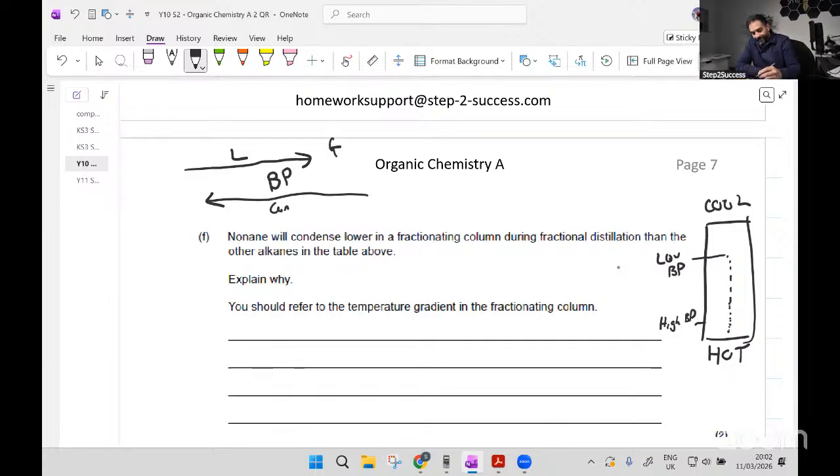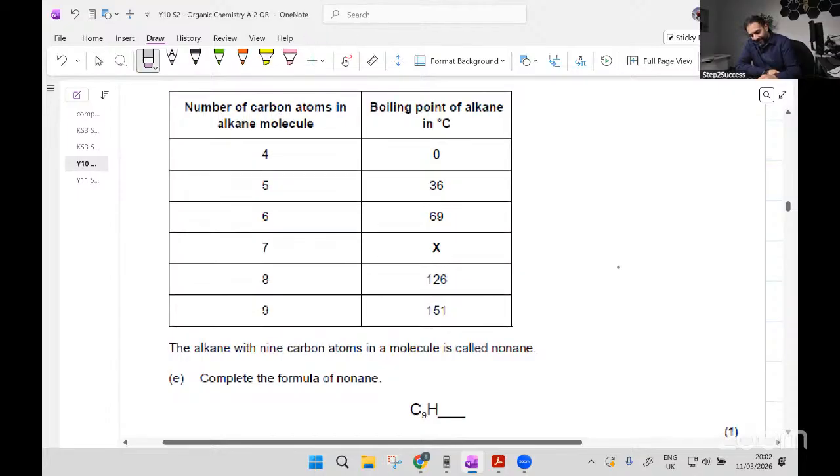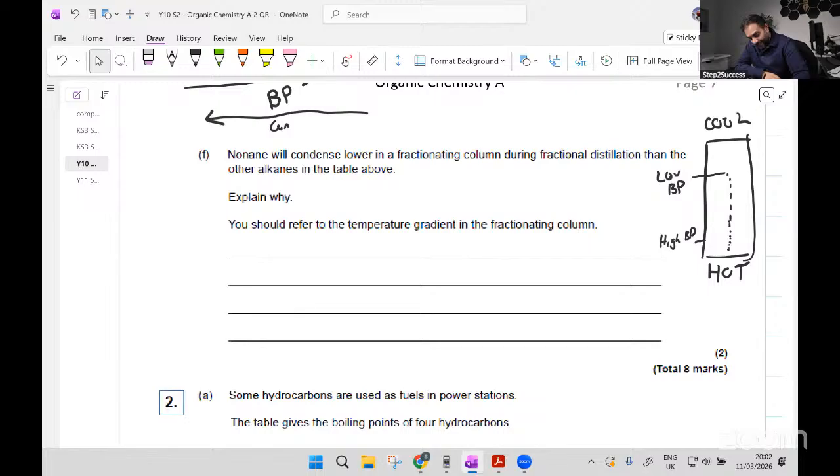And now nonane has a much higher boiling point than all of the other ones above it. It's 151 compared to all of the other temperatures above. So you need to explain that it has a higher boiling point. And because it is hotter near the bottom of the column, that's why it says refer to the temperature gradient in the fractionating column.